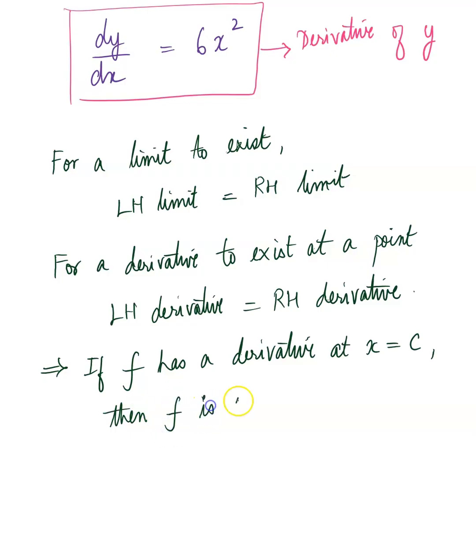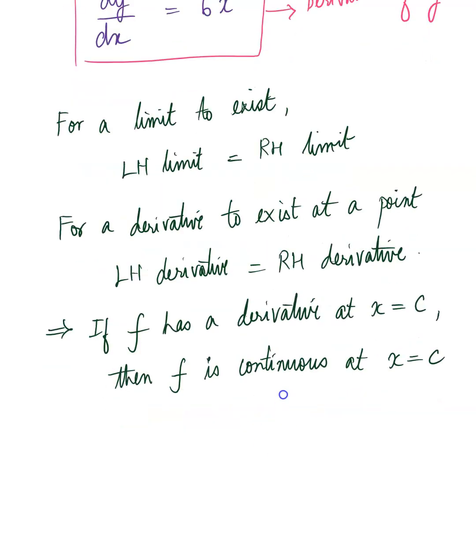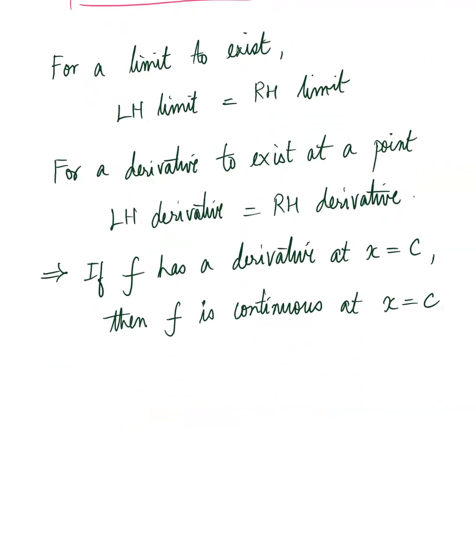Then f is continuous at x equals c. But just because a function is continuous does not mean that it has a derivative at that point, okay? Meaning you can't do the reverse of it. And I'm going to show you instances where that is the case.